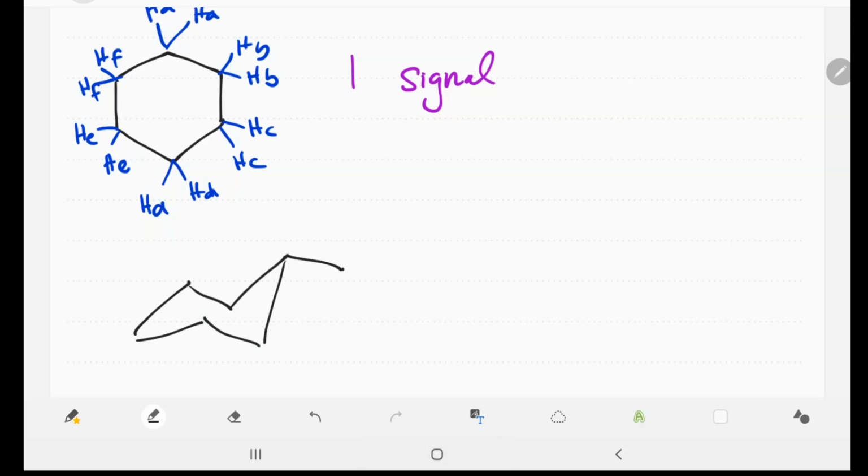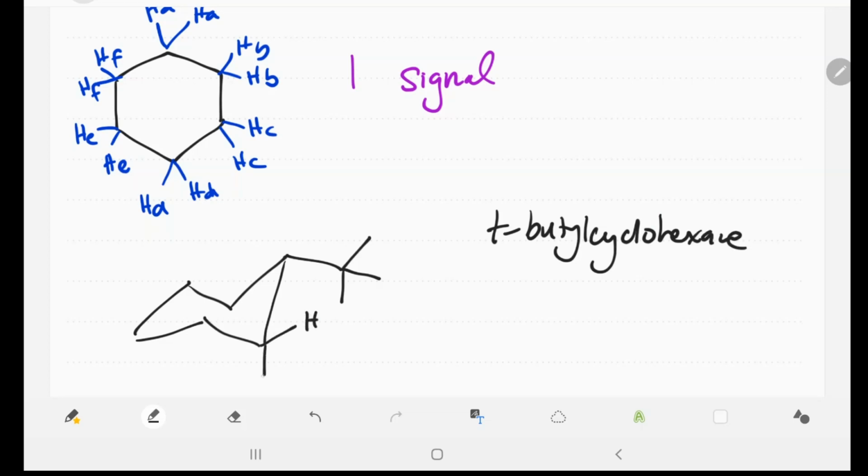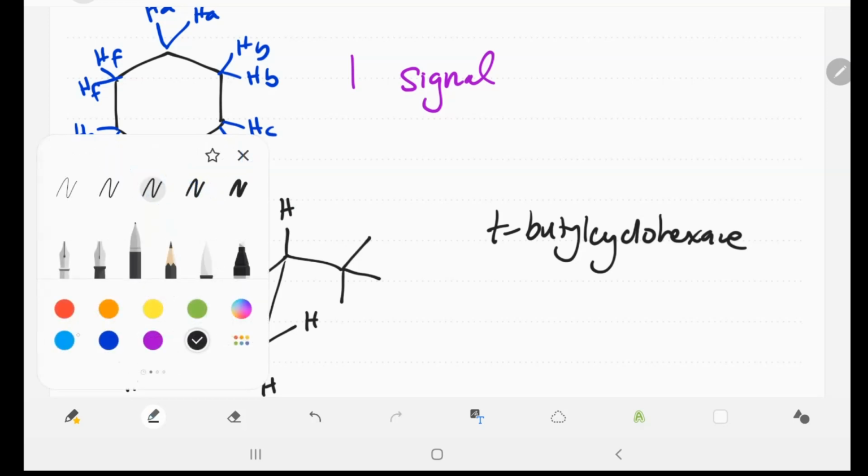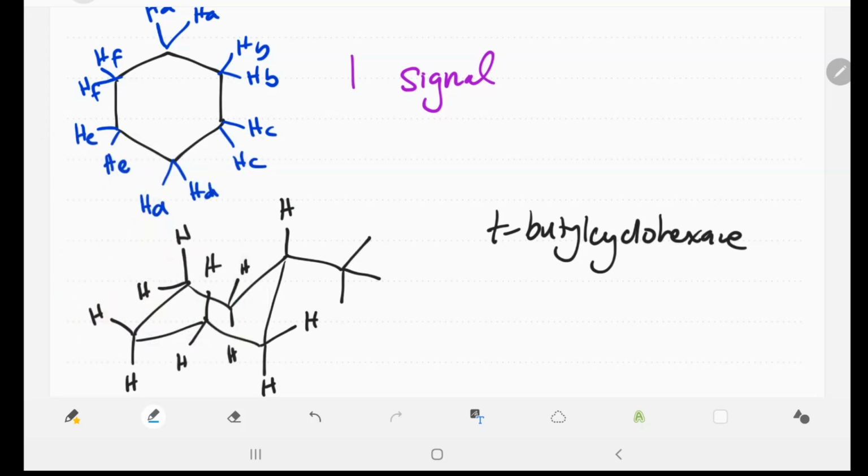Here, let's go ahead and look at T-butyl cyclohexane. If we draw in all the hydrogens, maybe down one, maybe up, we're going to see that we're going to get a crap ton of signals.